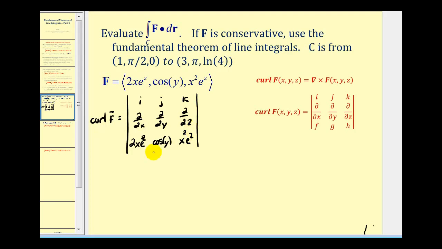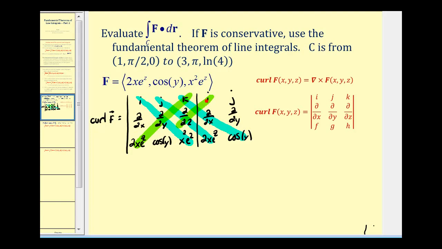So here's our 3x3 determinant, but to evaluate this, I'm going to go ahead and use the diagonal method. So I'm going to copy column 1 and column 2 to the right. So we'll add the products of the blue diagonals, and then we'll subtract the products of the green diagonals.